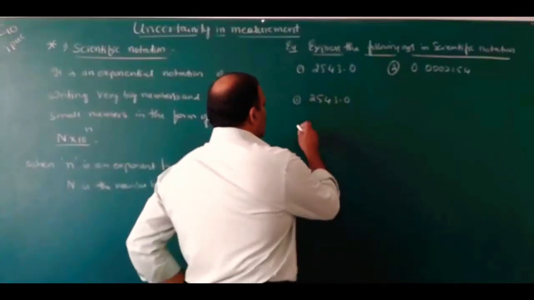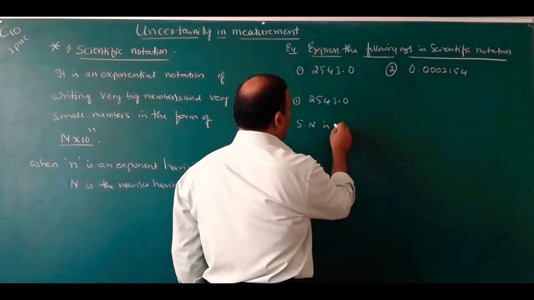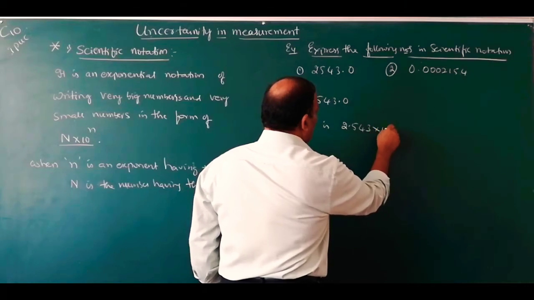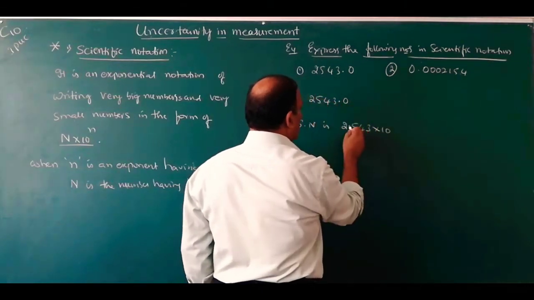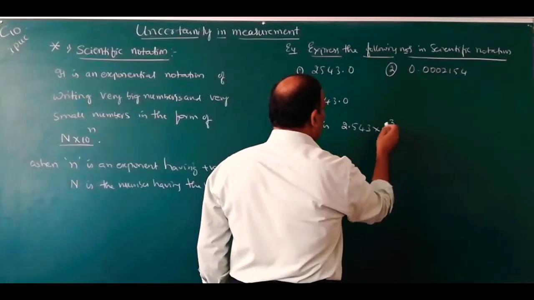So scientific notation is 2.543 into 10 to the power of 3.